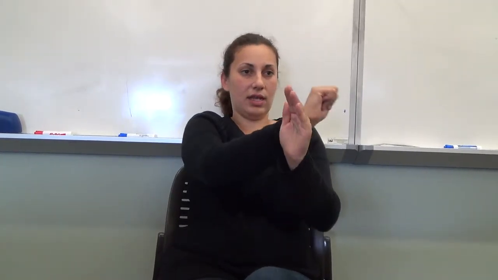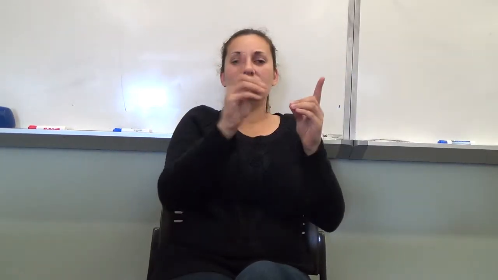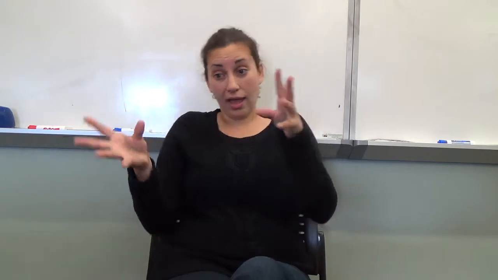So this could be A times B, A times C, A times D, and then add them all together. In other words, the distributive property says it doesn't matter what you do first. You can add first, then multiply, or you can multiply first and then add.